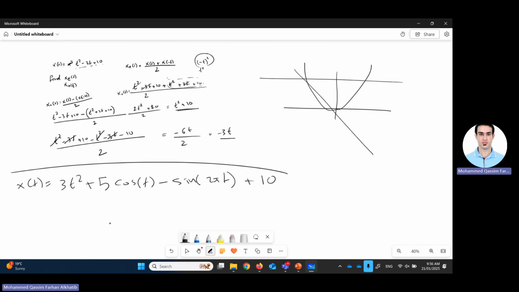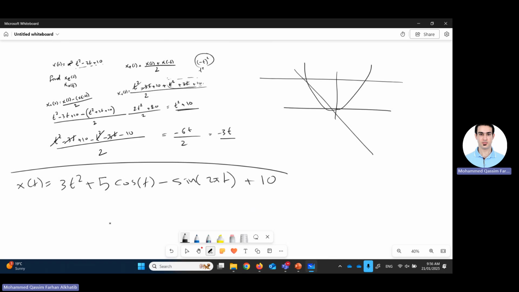Okay, from the look of it, what is the even part? All right, and the odd part. Look at each function individually, and you'll know which one is even, which one is odd. But in the exam, I won't see the solution. But as a hint, you can say, oh, all right, this is even, this is odd.